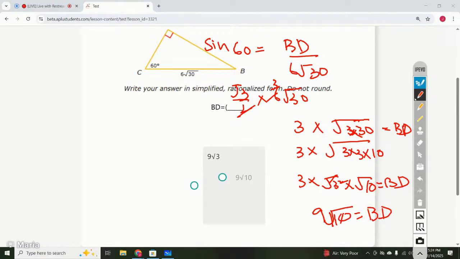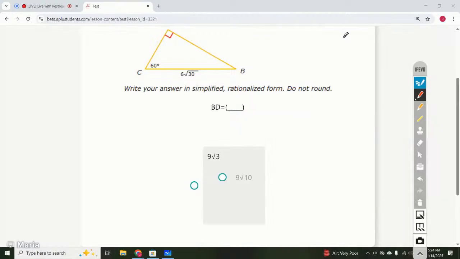So BD is equal to 9 square root 10. Option number 2 is the correct option. That is 9 square root 10.